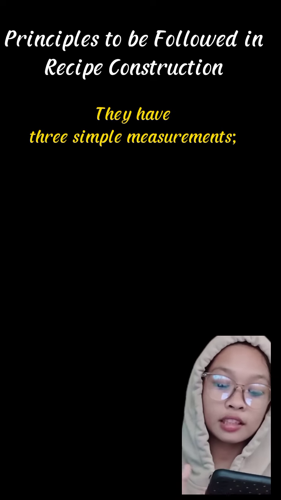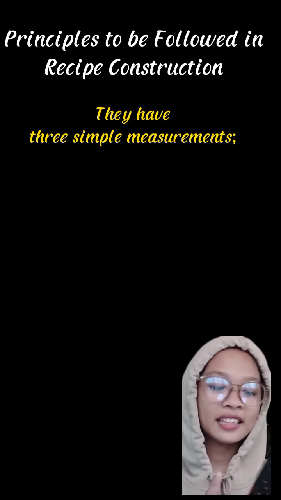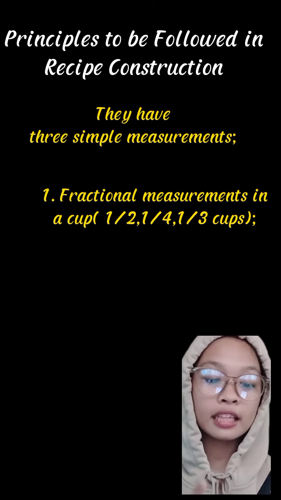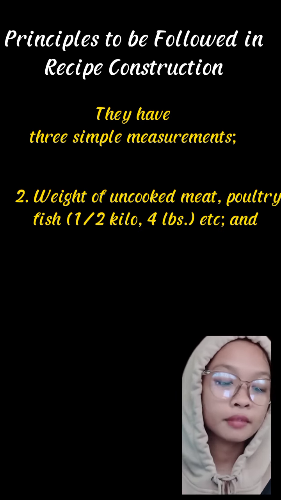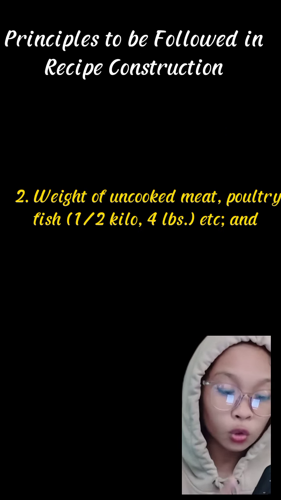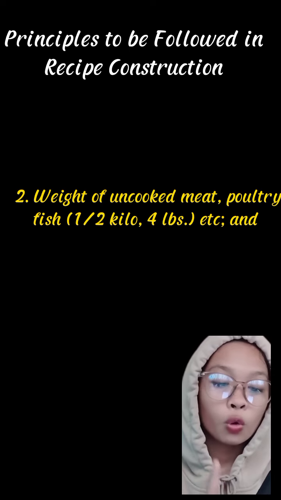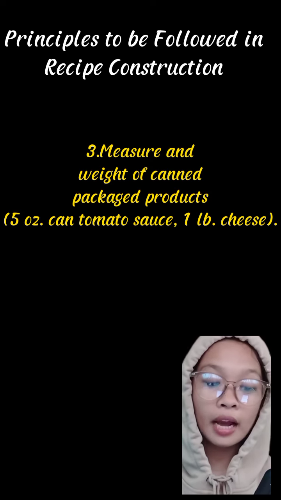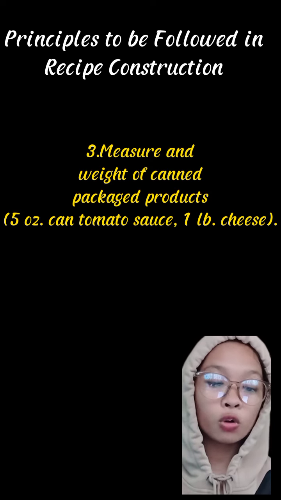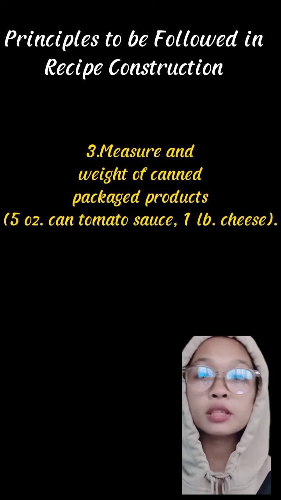Number 1, fractional measurements in a cup, 1/2, 1/4, and 1/3 cup. Weight of uncooked meat, poultry, fish, 1/2 kilo, 4 pieces, etc. And measure and weight of canned packaged products, 5 oz canned tomato sauce, 1 box of cheese.